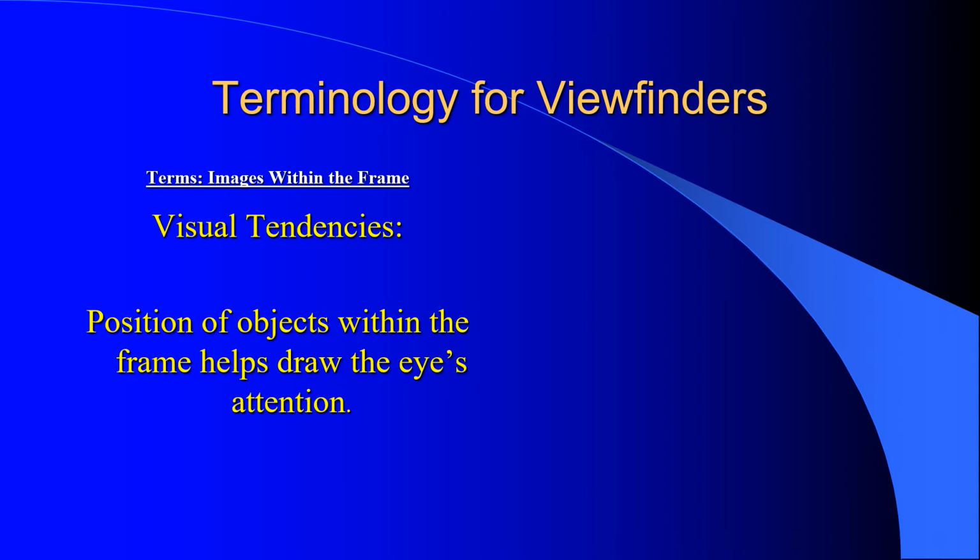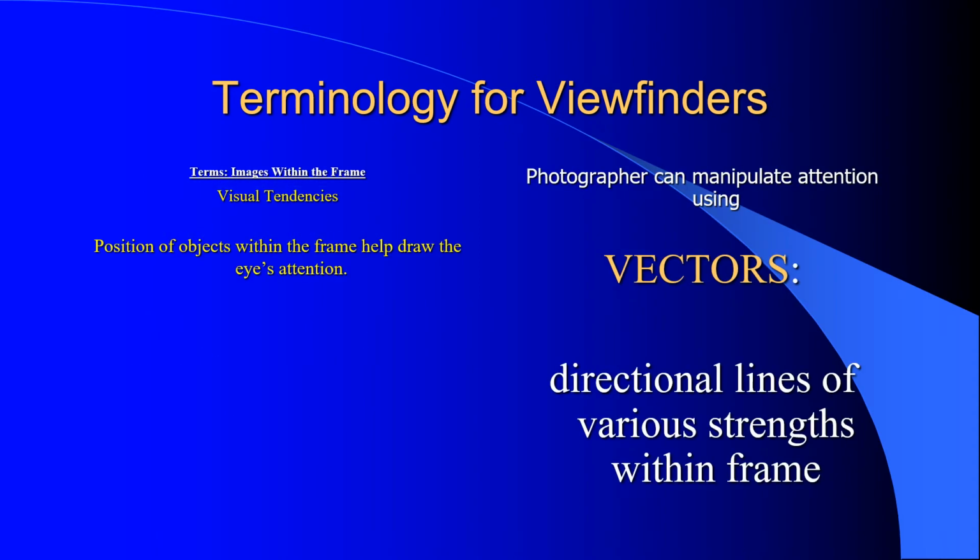Some objects may be brighter, and this is what tends to get our eyes' attention. These are known as vectors. These are basically lines of direction that our eyes tend to follow within the frame.